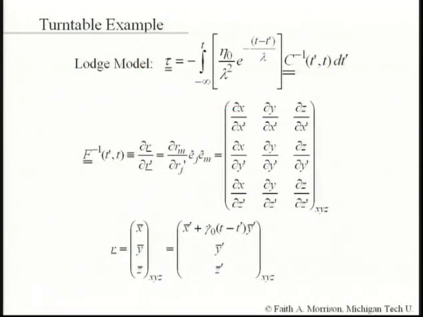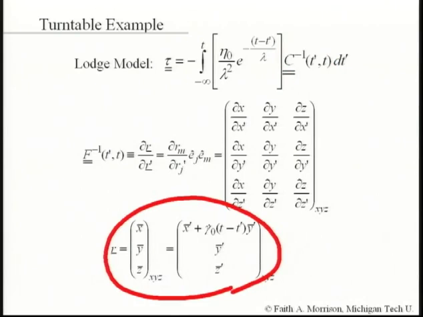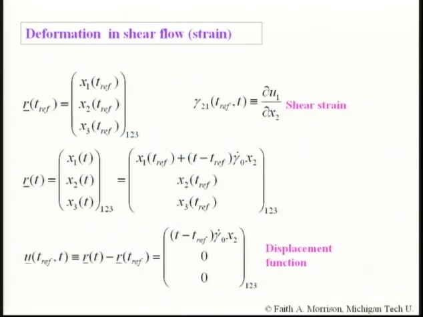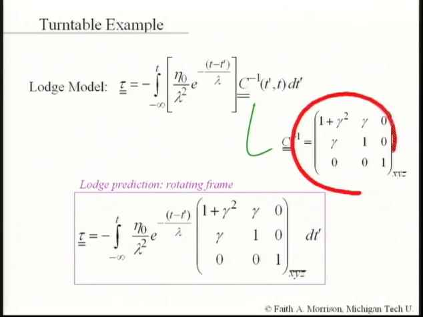There's the finger tensor. And when we predict it in regular shear flow, it's just the calculation we did. This is embedded into the calculation for F inverse. And you get the finger tensor. This is the calculation for the finger tensor, which gives this result.